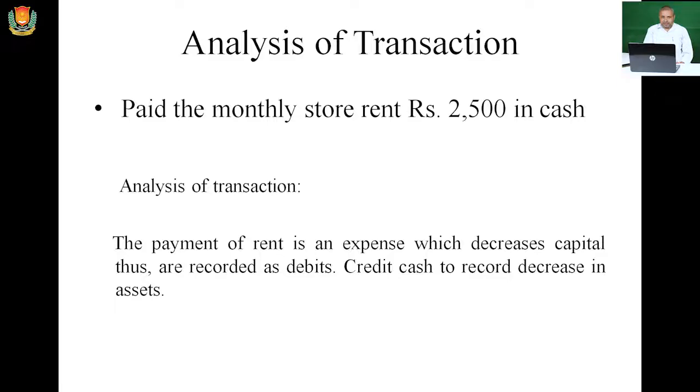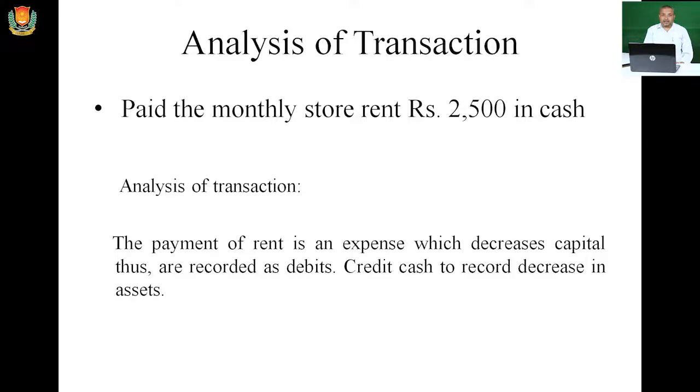I repeat once again, which I said earlier in the beginning of the lecture, that double entry system says that each and every transaction will affect at least two accounts. So monthly rent paid has also two types of account. One account is rent. Rent is a nominal account because rent is an expenditure.